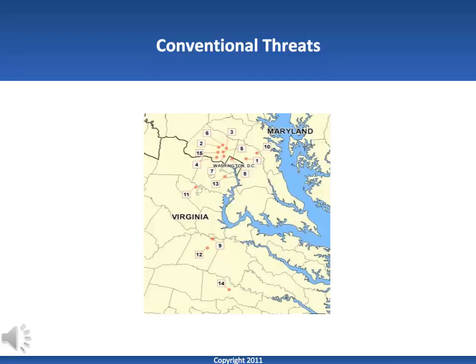This is India, the city of Mumbai, which is India's largest city, its financial and entertainment center. This would be similar to an attack in the U.S. on New York City. But some of the game changers was these small teams used conventional weapons, automatic weapons, small explosives that they left behind them.